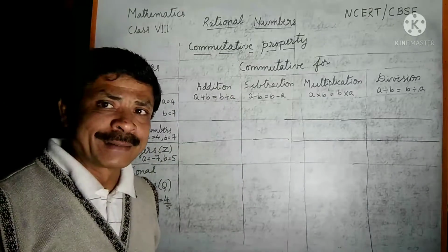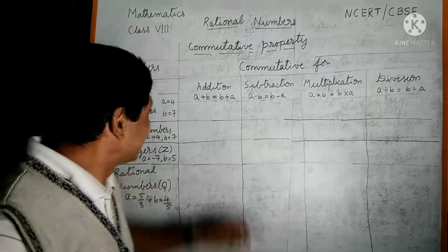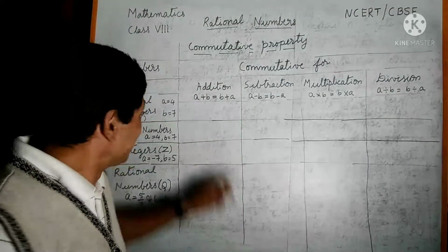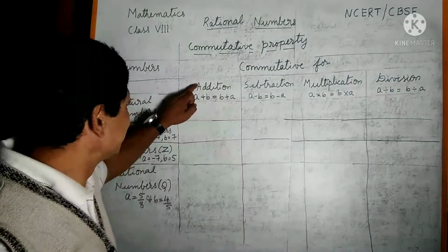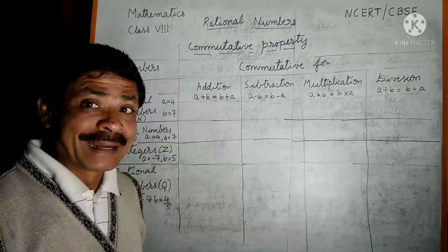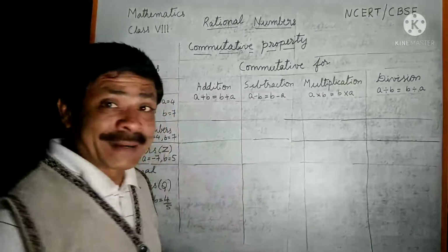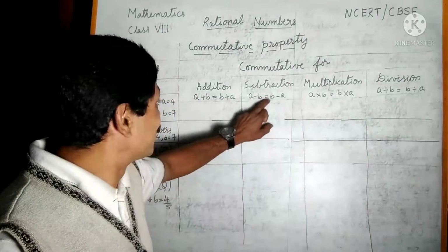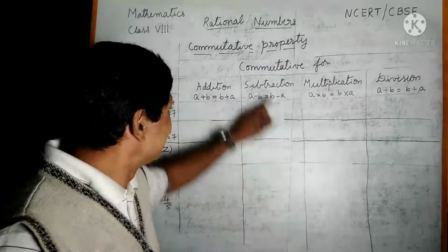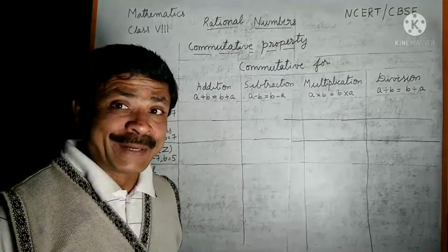Commutative property. For any numbers a and b, if a plus b is equal to b plus a, then addition is commutative. For any numbers a and b, if a minus b is equal to b minus a, then subtraction is commutative.